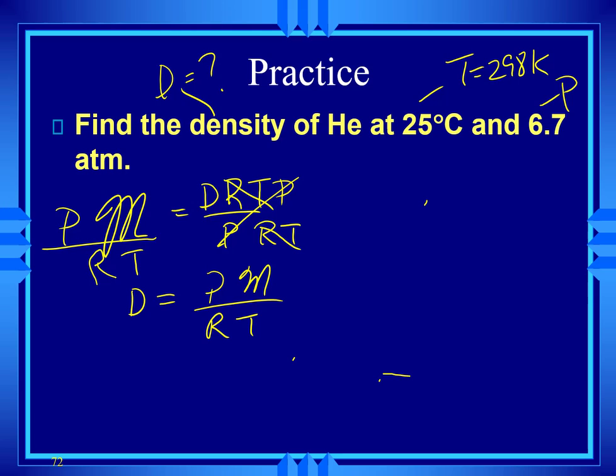I took the RT and moved it to the other side. It's on the bottom. I took the P and moved it to the other side. It's up top. Still works.